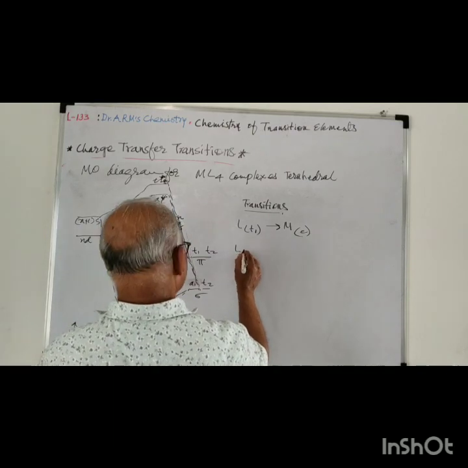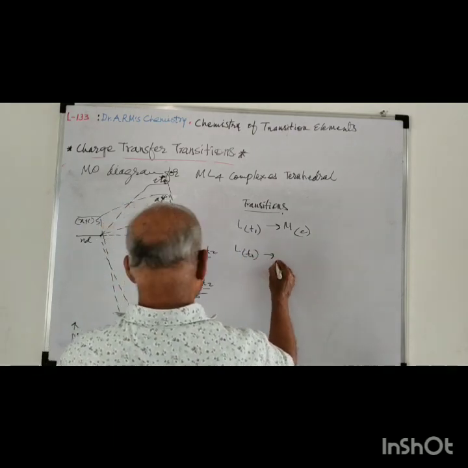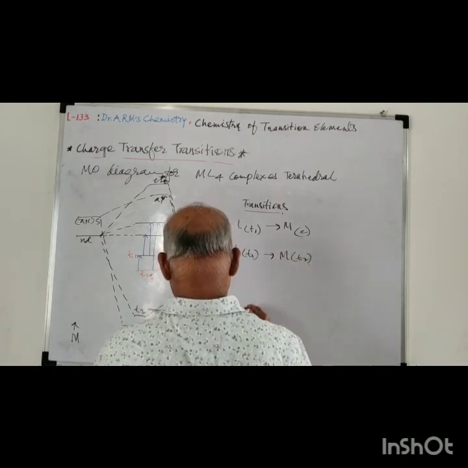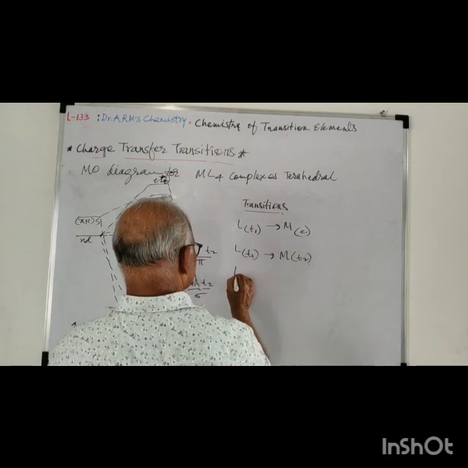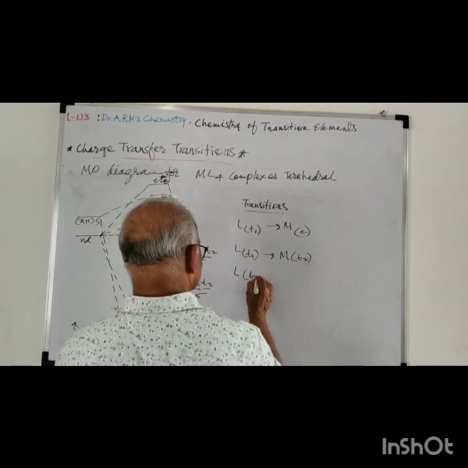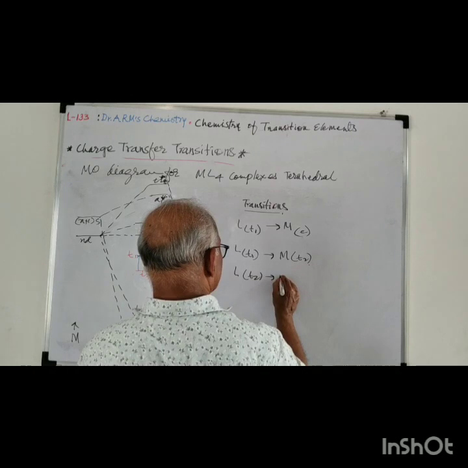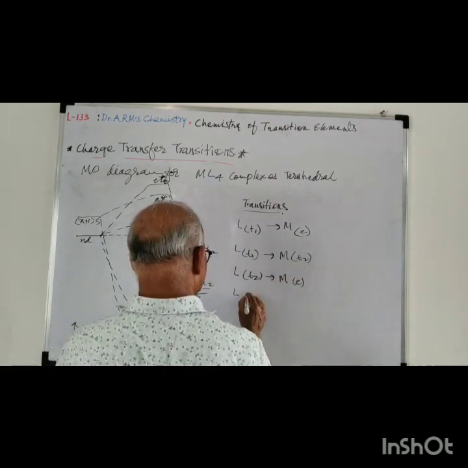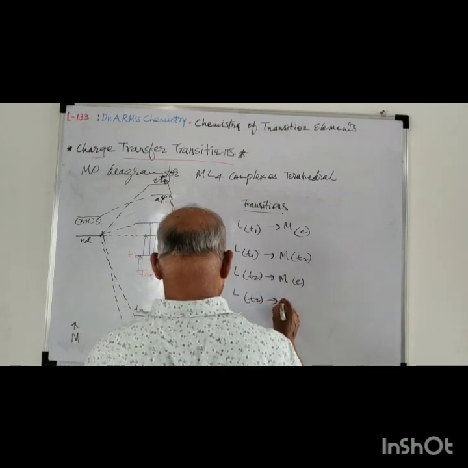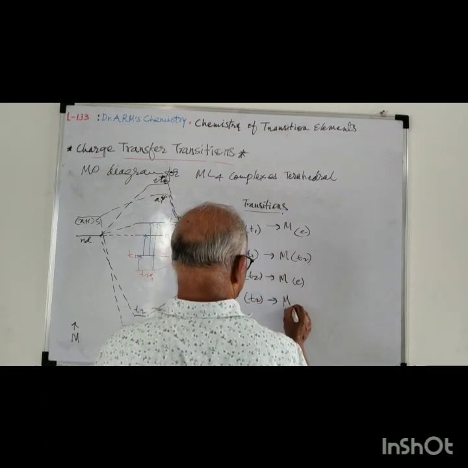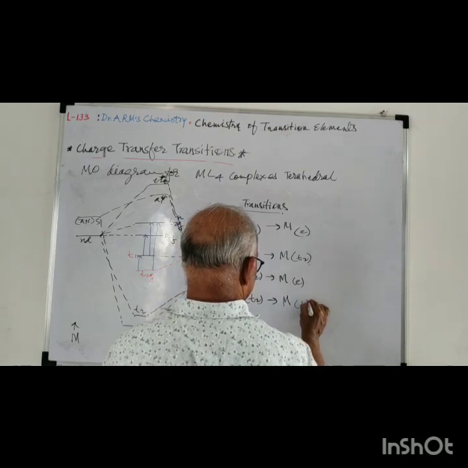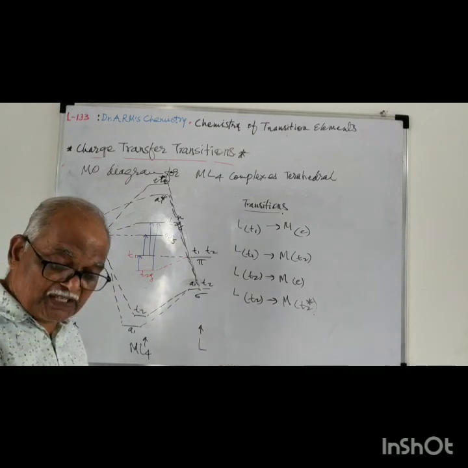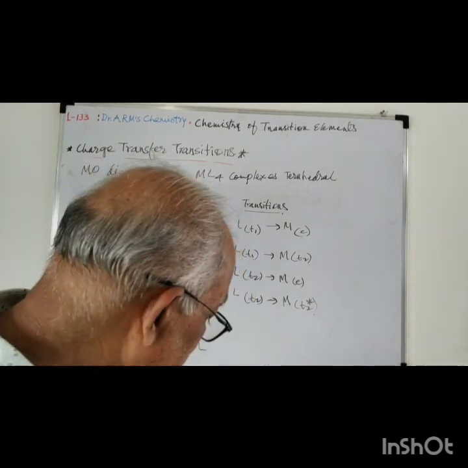Then second is ligand T1 to metal T2. Then ligand T2 to metal E. Then ligand T2 to metal T2 star, T2G star. That is antibonding.